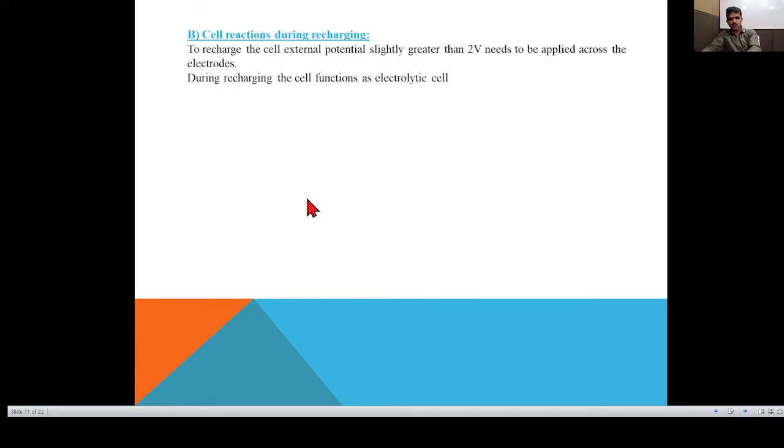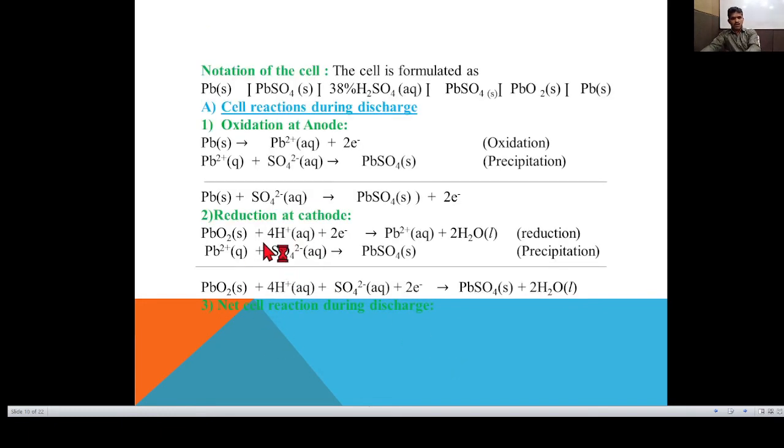So the reduction half reaction, which takes place during recharging, is the reduction half reaction taking place at the anode in reverse manner.